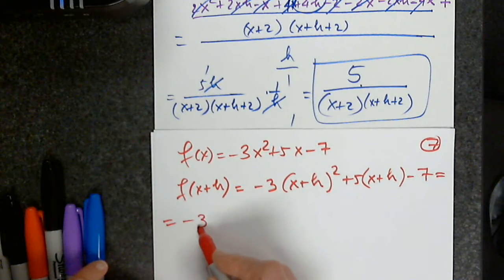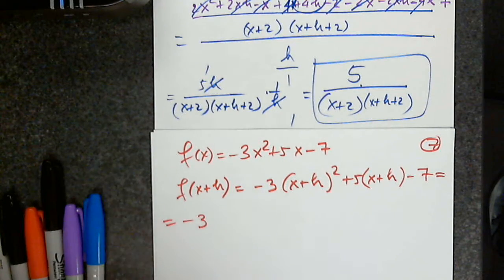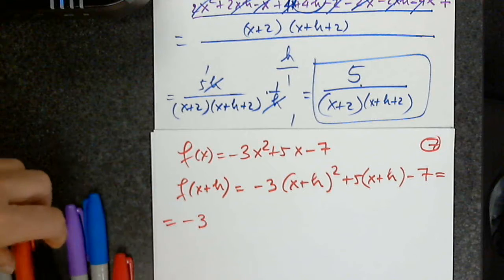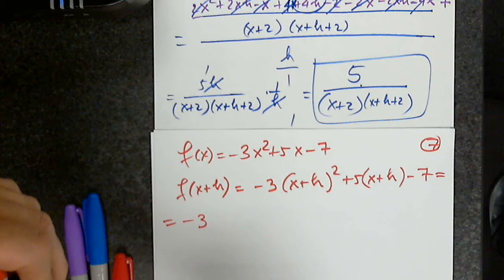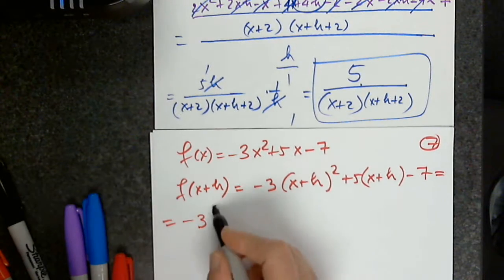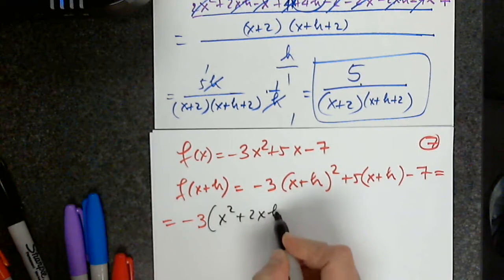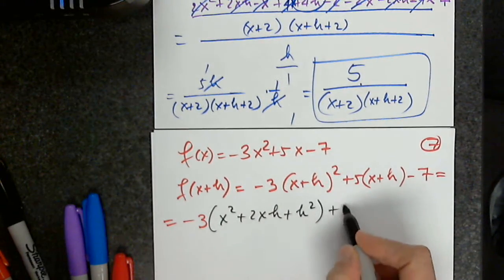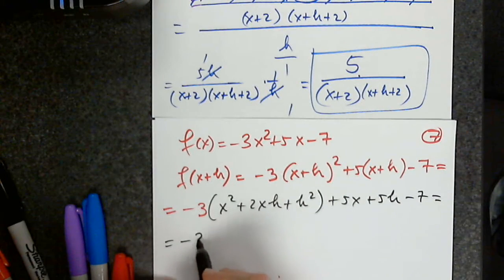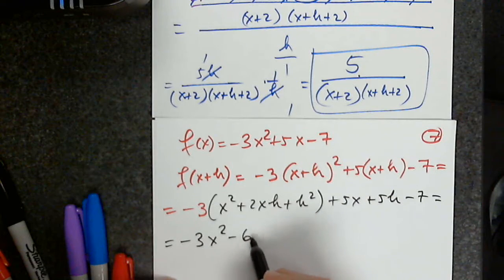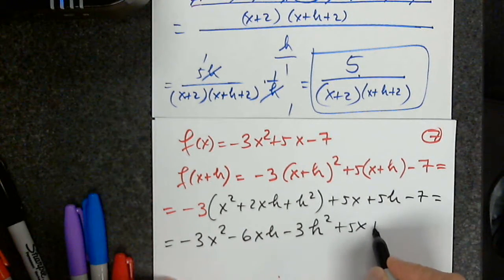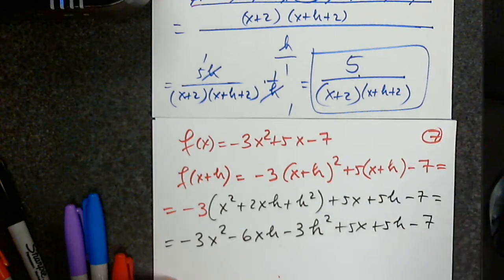So negative 3, and when I square x plus h, what do I get? Plus 5x plus 5h minus 7. So this is negative 3x squared, negative 6xh, negative 3h squared plus 5x plus 5h minus 7.